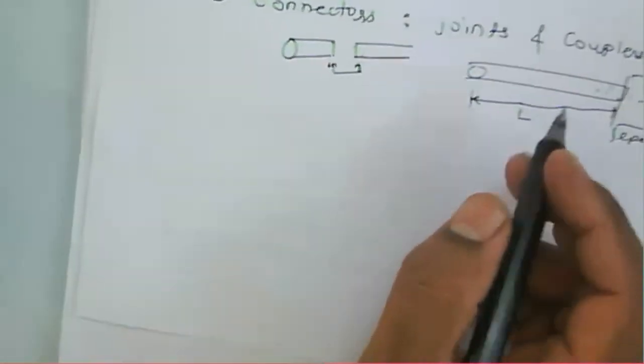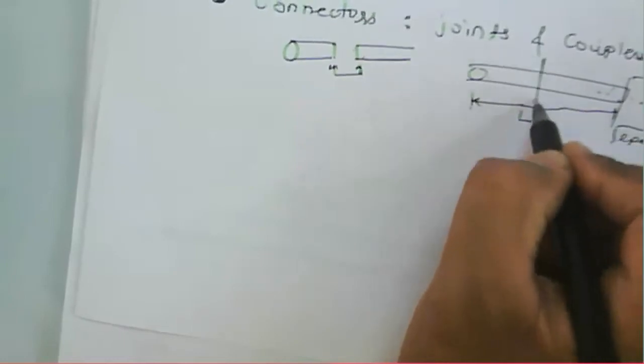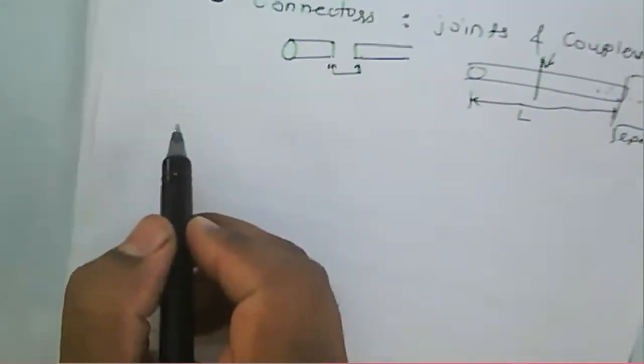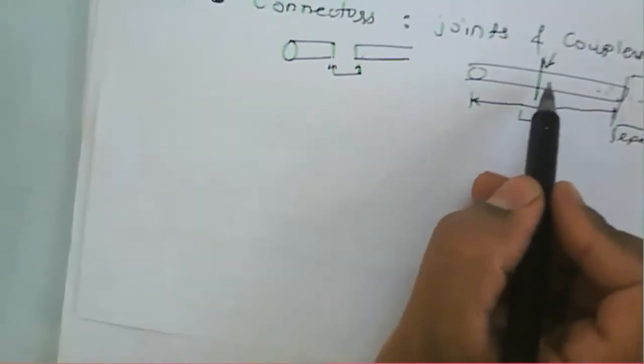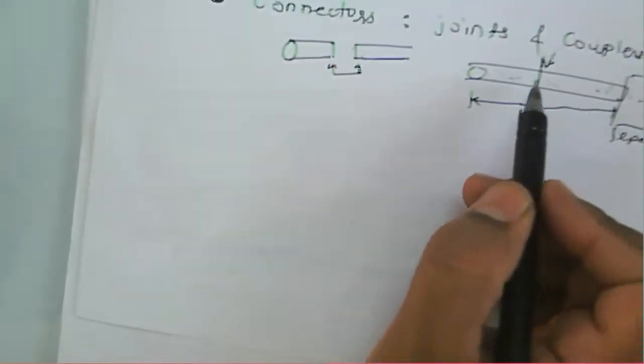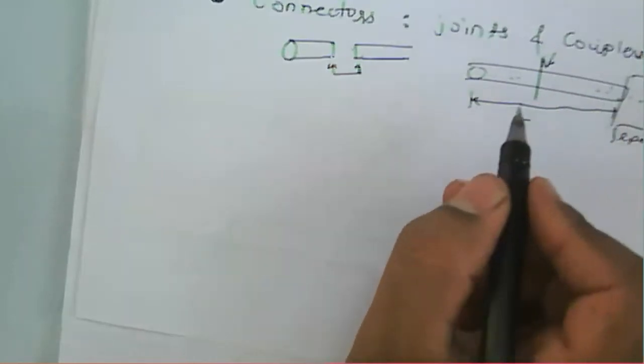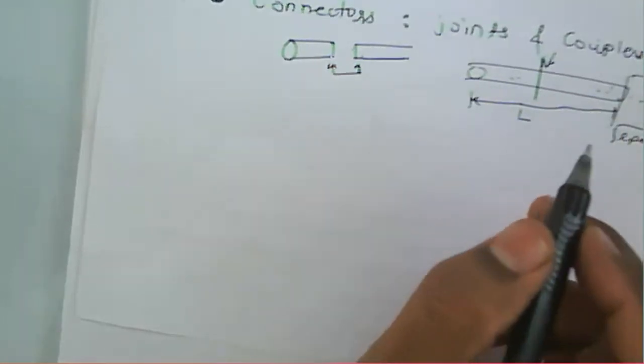Or suppose we have two particular fibers and a fiber breaks here, we can join these two fibers using the splicing technique, or we can use the jointing technique.